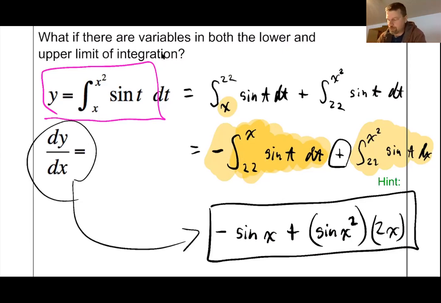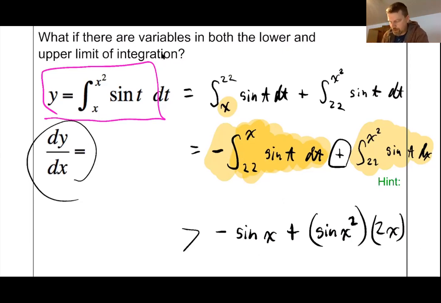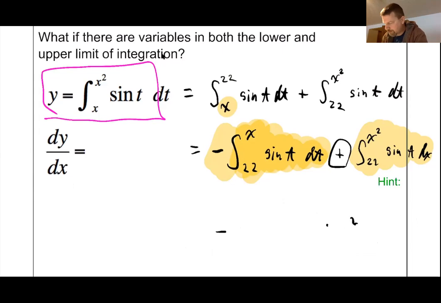Just for the sake of notes, I'm going to put these notes up there. I'm going to rewrite this into the other form because it tends to be easier for people to see it in that form.